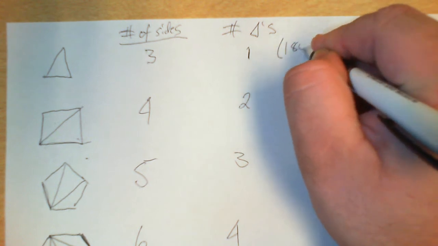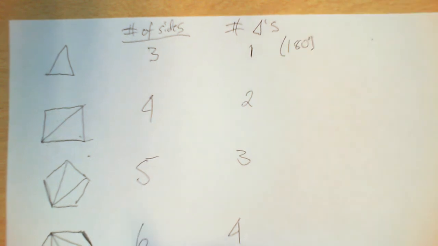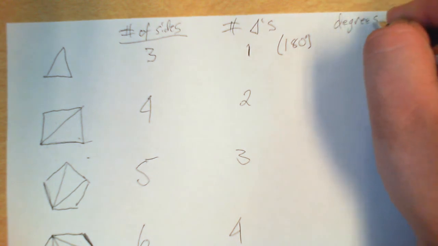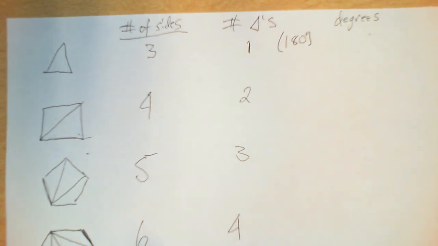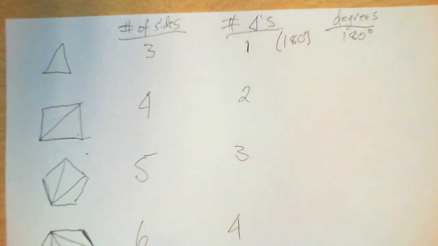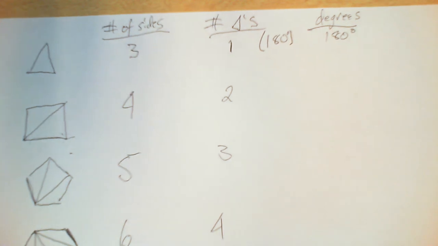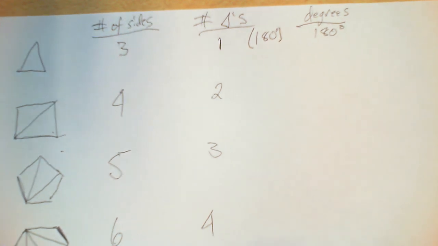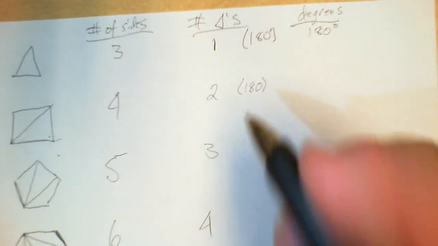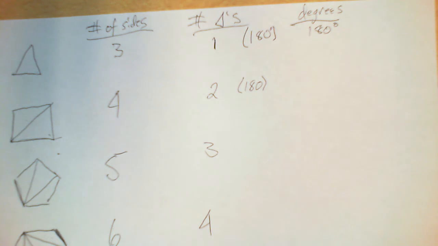They are 180 degrees total. If I were to say, all right, times the number of triangles, there's 180 degrees per triangle. You guys beginning to see that triangles become sort of like the building blocks for everything we do?